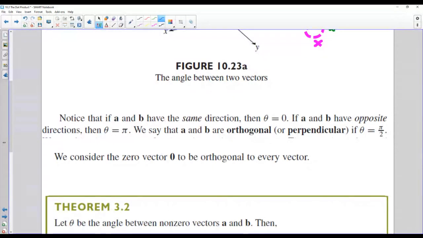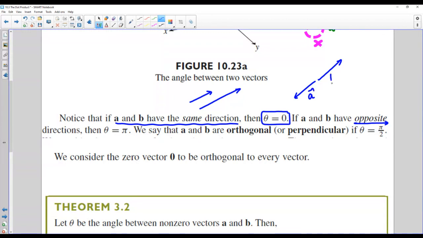Just some remarks. If A and B have the same direction, that means the angle between them is equal to 0, like this. How about if they are in the opposite direction? So one of them is like this, and the other one is like this.